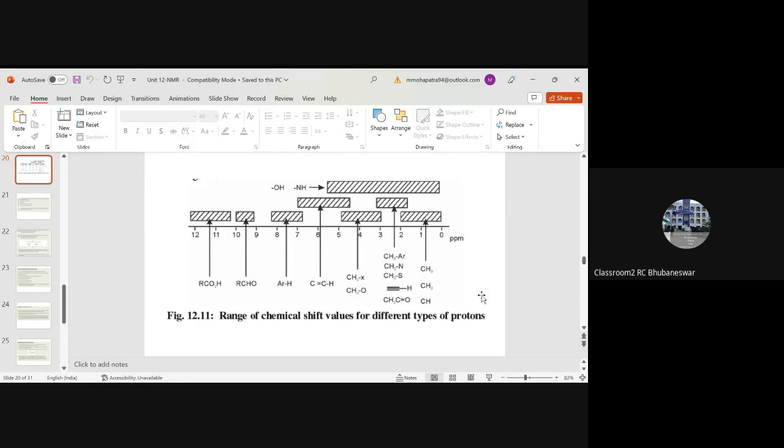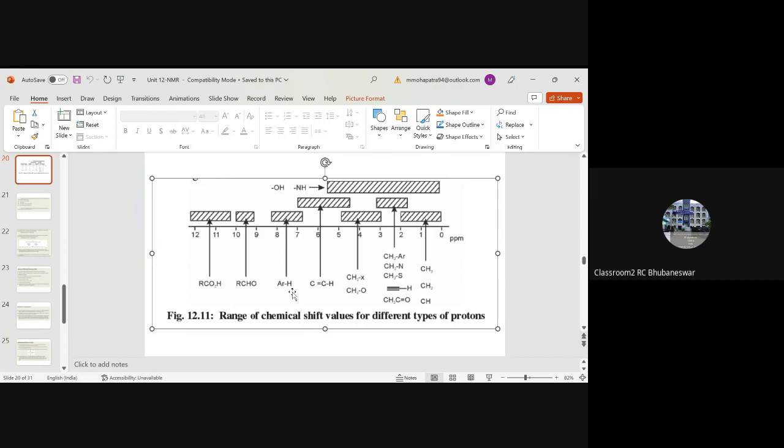You must have knowledge that if aromatic hydrogen is there, suppose you see the third position, ArH is written, right? Aromatic hydrogen is there. So in which region should the chemical shift be? Near about 7 to 8 it must come.